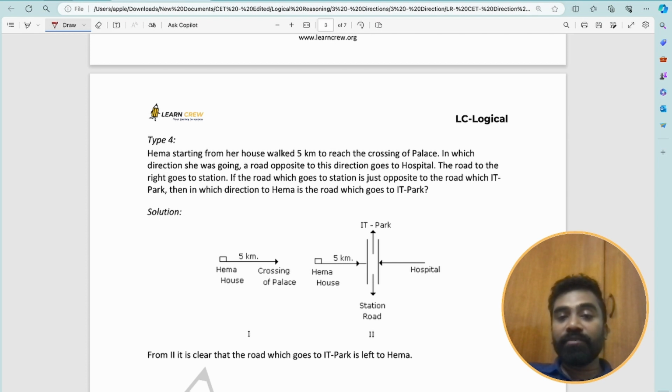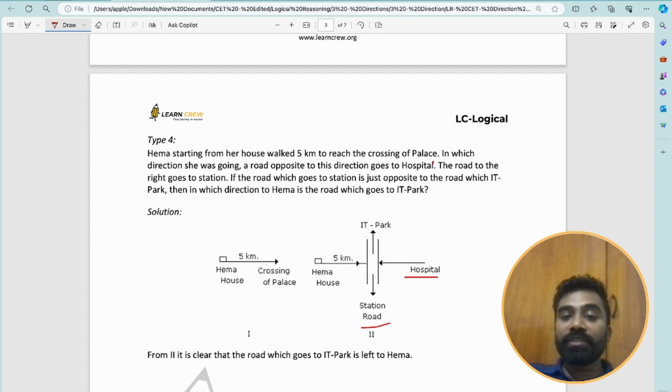A road opposite to this direction goes to the hospital. If she was going in the east, opposite to that road is going to the hospital. Okay, wonderful. The road to the right goes to the station. From where? From Hema's right, the road goes to the station. Wonderful.